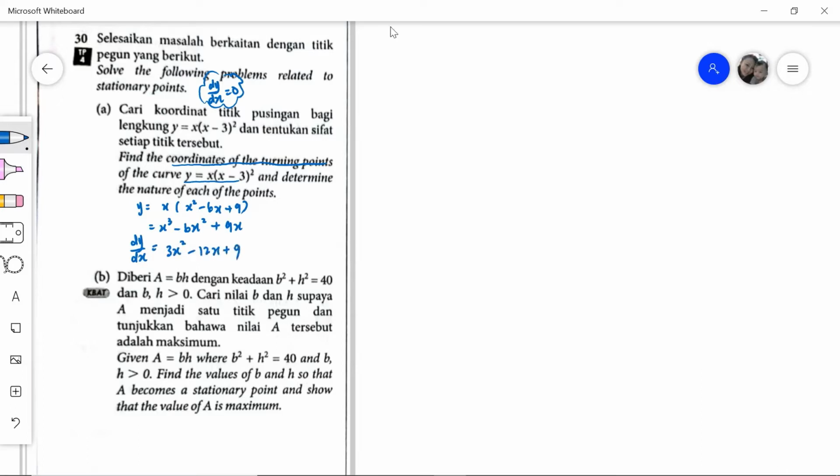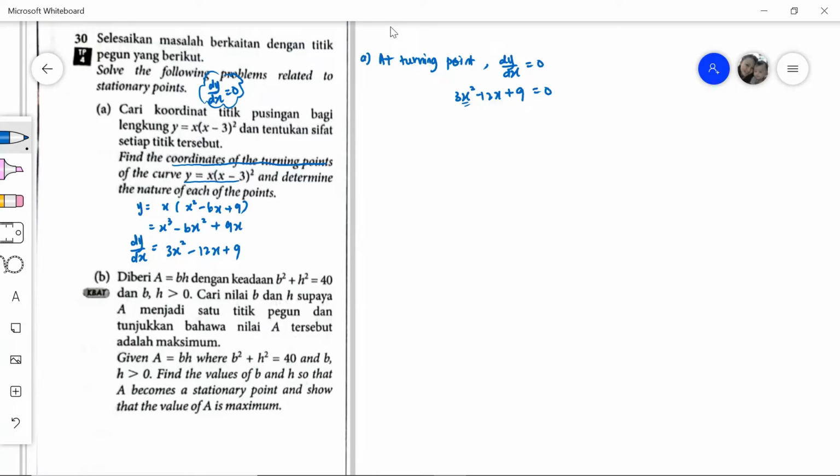So for part A, at a turning point, we know that dy/dx always equals 0. Therefore, 3x squared minus 12x plus 9 equals 0. So a quadratic comes, and we have to solve the quadratic equation. To solve it, we factorize first, dividing both sides by 3.